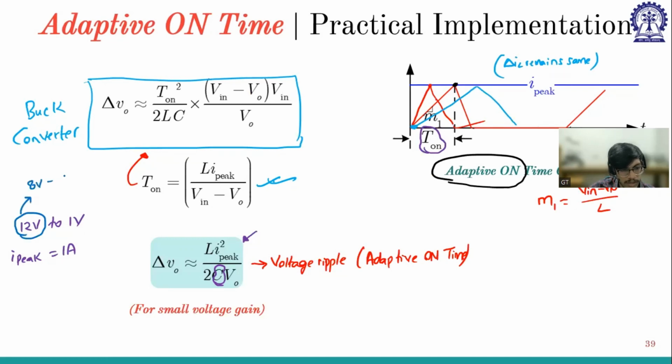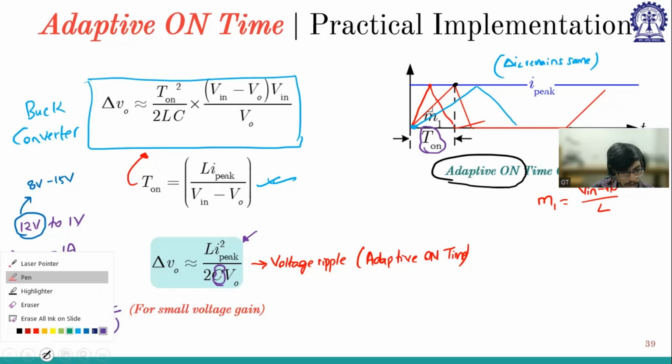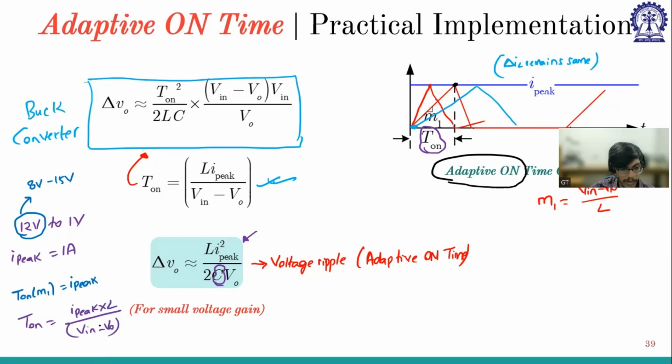So T on into M1 is equal to I peak, so T on is I peak by M1, which is V in minus V naught by L. So T on is I peak into L by V in minus V naught.